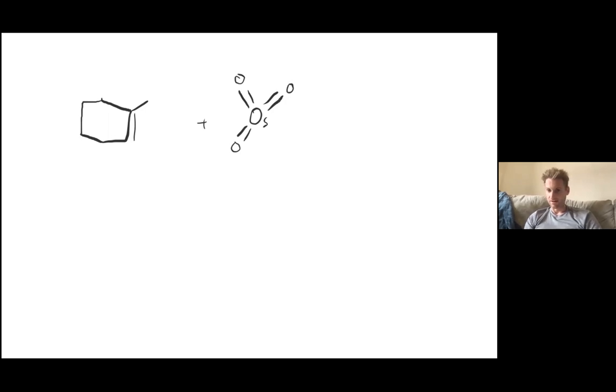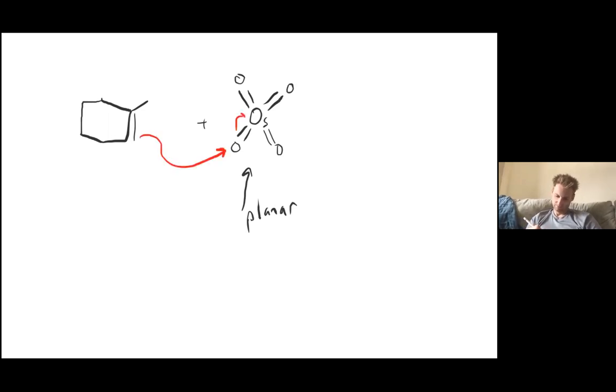Yeah, it's element 76 in your transition metals. It's under iron. But essentially this is planar. So when this kind of approaches, it's going to attack one oxygen. Another one's going to come in, and you're going to make a big complex.